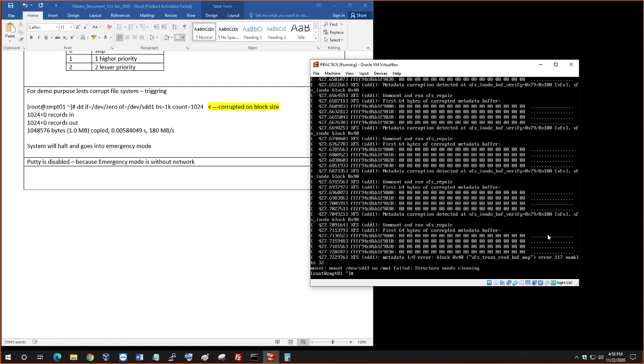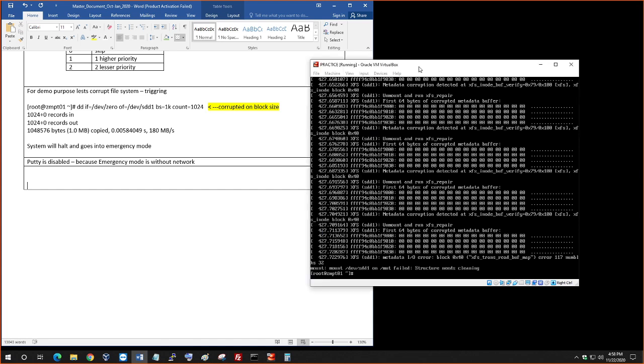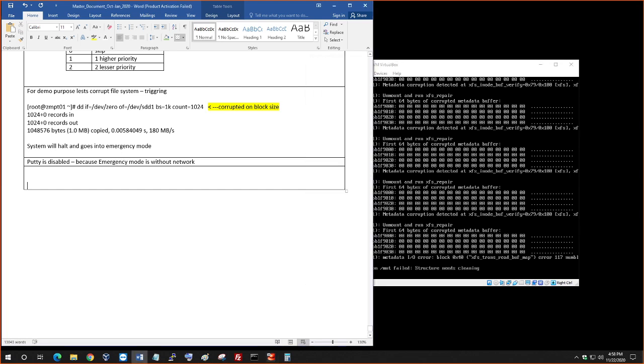Down on the bottom, look, mount /dev/sdd failed, the structure needs cleaning. Okay, so good. This is what you need. Run mount -a and you will get this screen here.